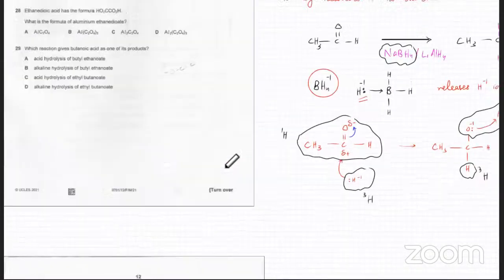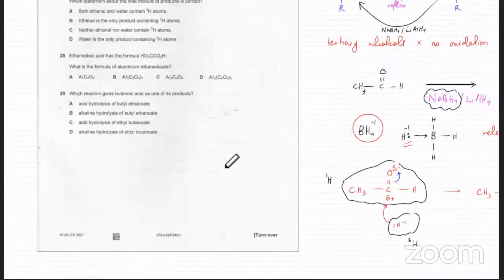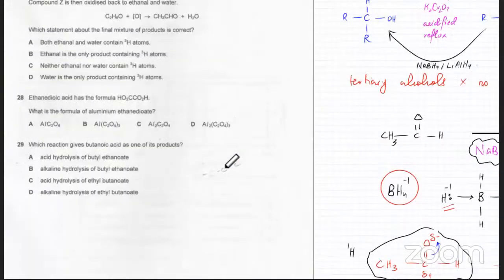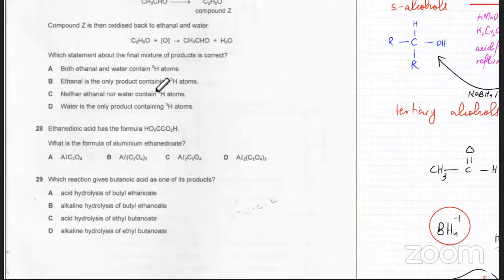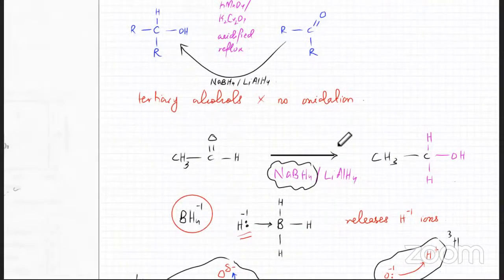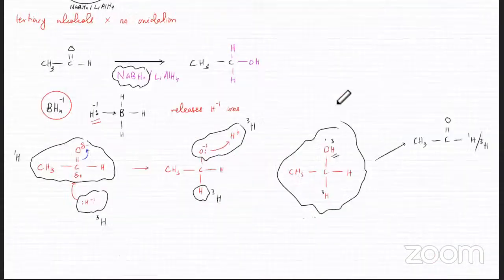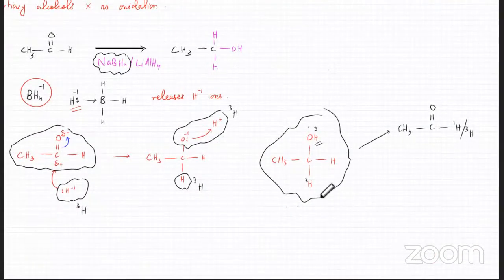So let's look at the options now. The option says both ethanol and water contain H3 atoms. That's probably not true, I mean, that's not 100% true. I mean, it can be possible. But if this H and this H are lost, then ethanol will not contain the H3 isotope.